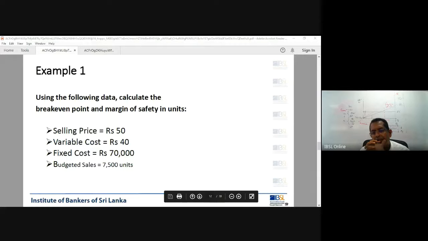Nala is right. Patum is right. Pridma is right. Then Narasingha, you don't have the first name. Break even is 7,000. What is the margin of safety?